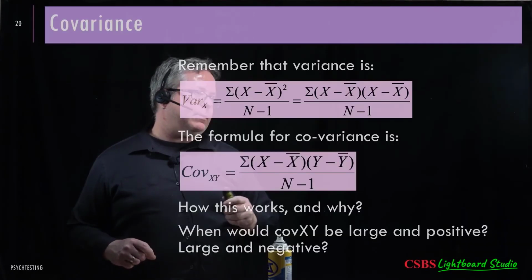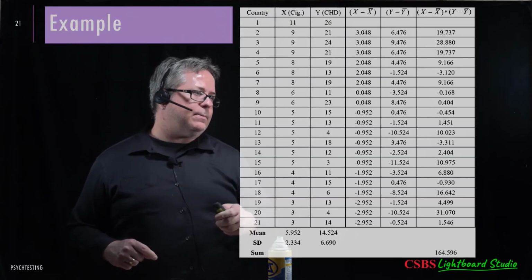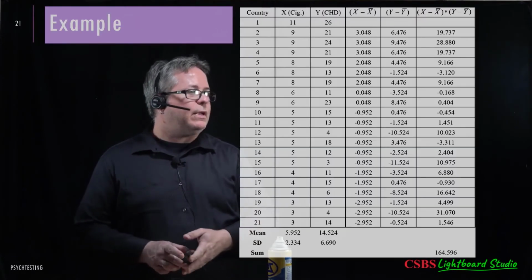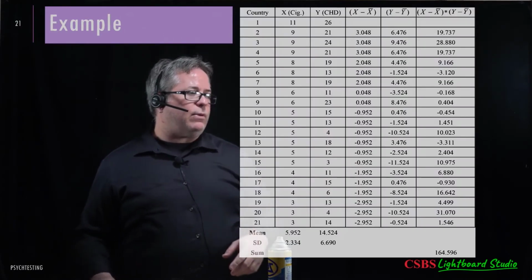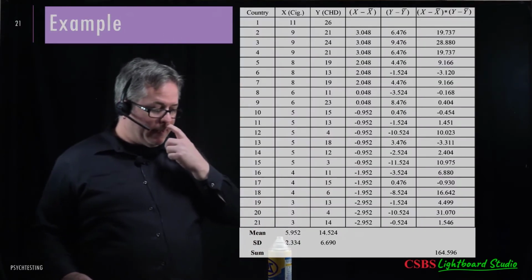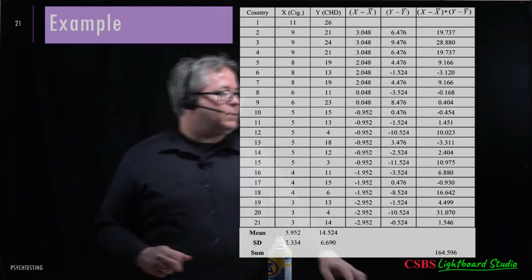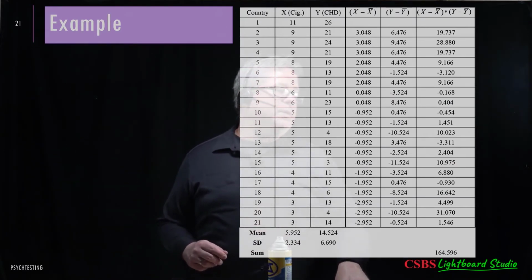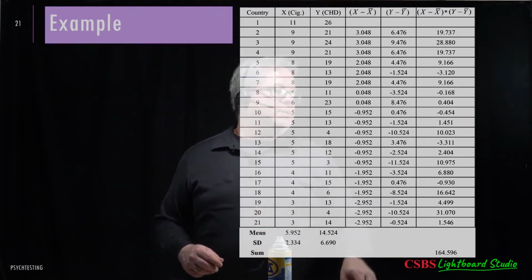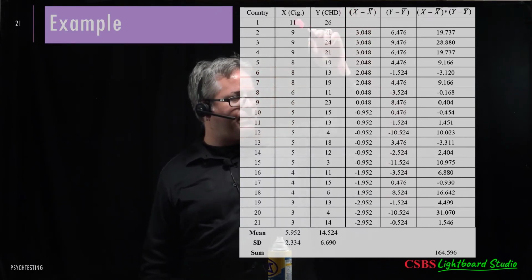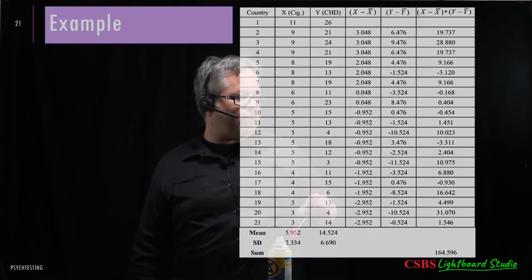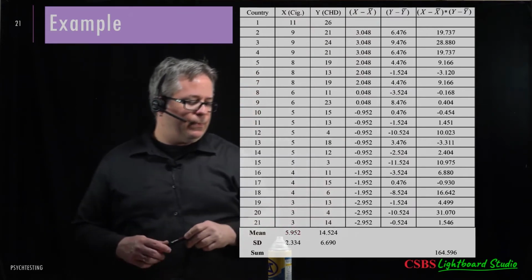Okay. Talked about that. And this is giving you an example applied to what we're talking about. Let's walk through how it works for a second and fill out the first part of this. So what I want in this column is x minus x bar. If my x is 11, x bar is 5.952.